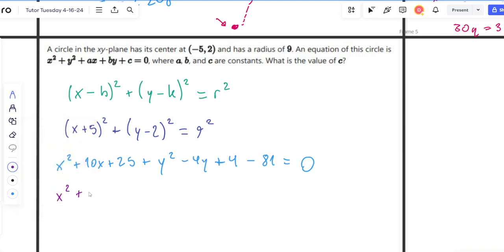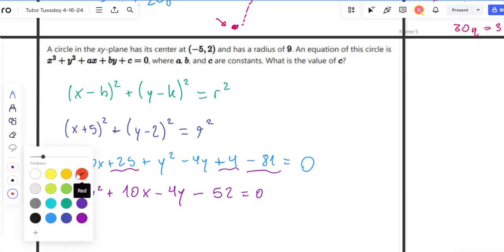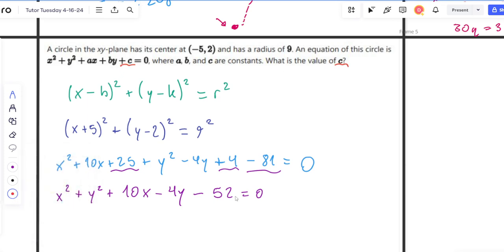So we'll get x squared plus y squared plus 10x minus 4y. And we're really interested in plus 25 plus 4 and minus 81. So 29 minus 81 is going to give us negative 52. And finally, when we're comparing all these, the value of c is negative 52.